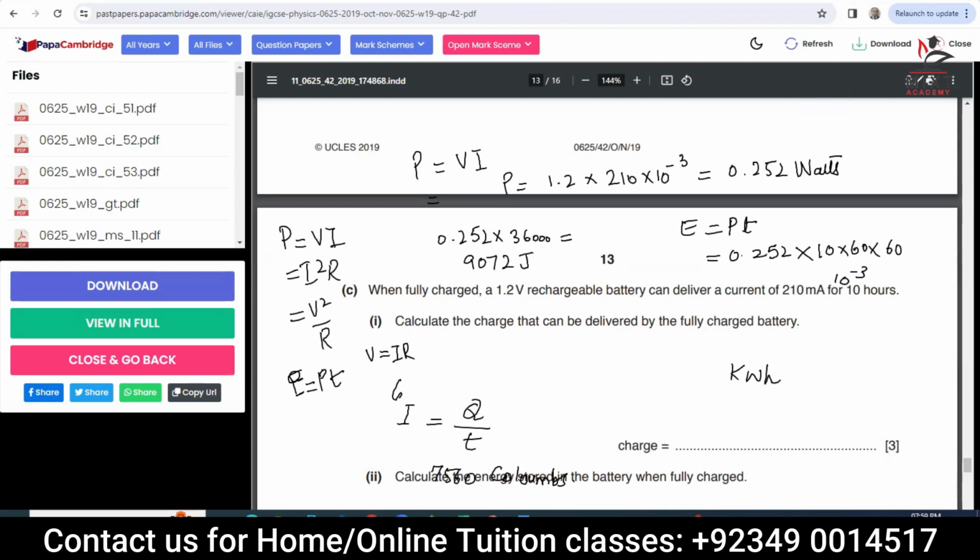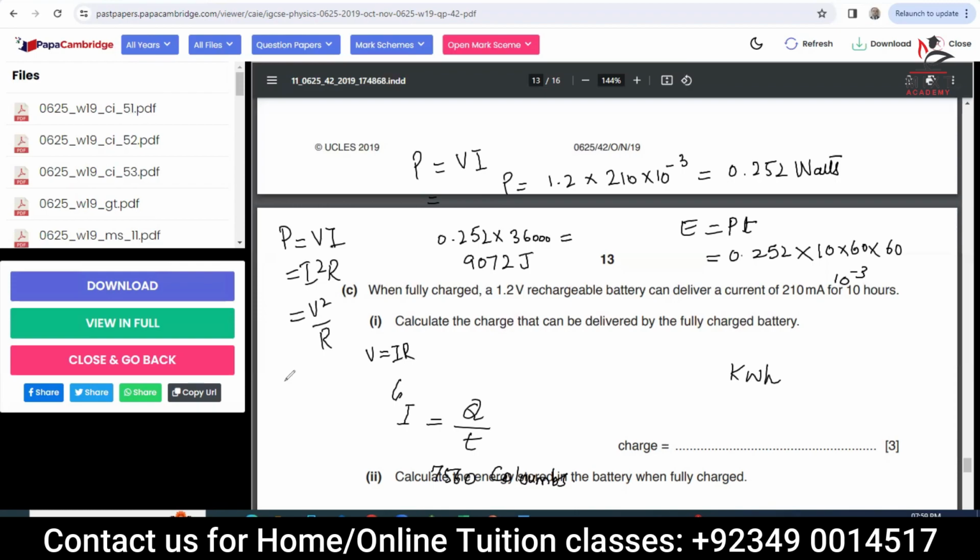Sir, after E is equal to PT, what do you do after that? Can you explain again? You mean in the question or in the formulas you are asking? This is the formula I've written, one of the list of formulas.